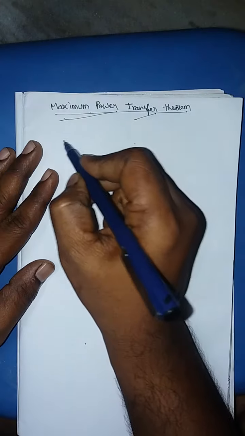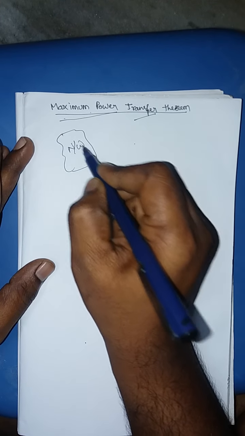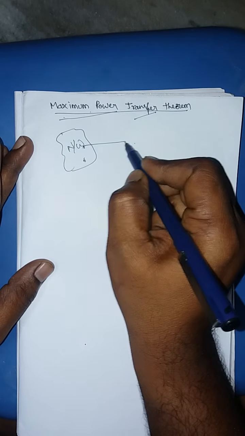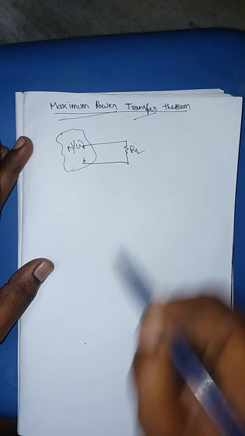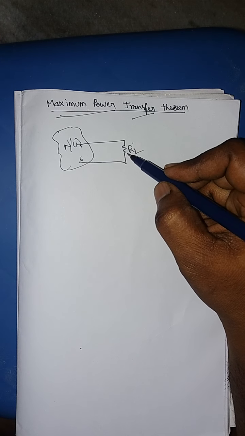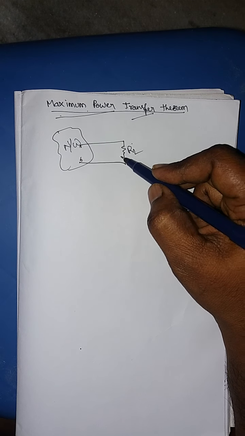So which is source, which is load? Suppose for example, this is one network, and here in this network I have the load resistance RL. The condition to apply the maximum power transfer theorem is that this RL must be variable.